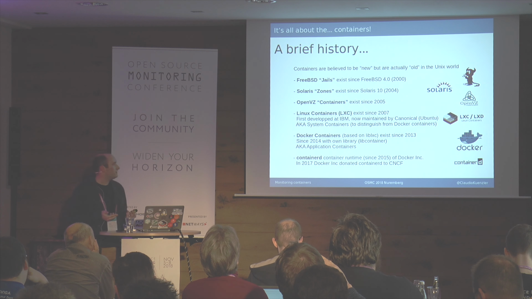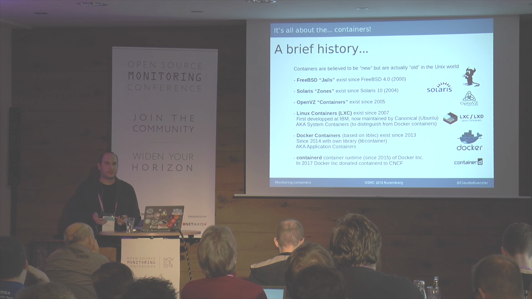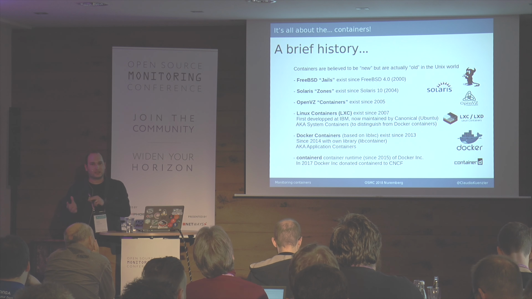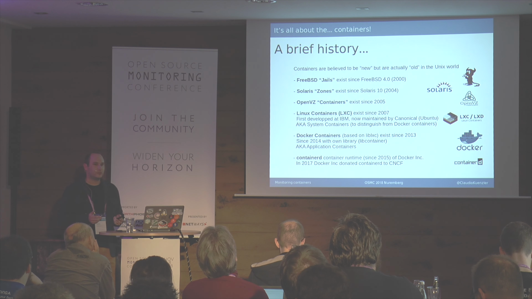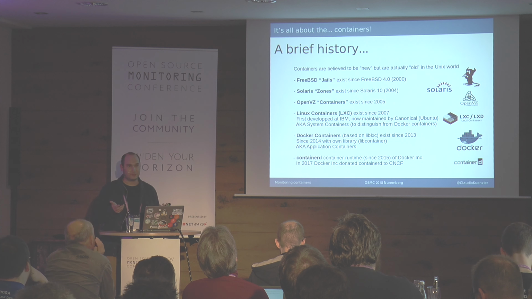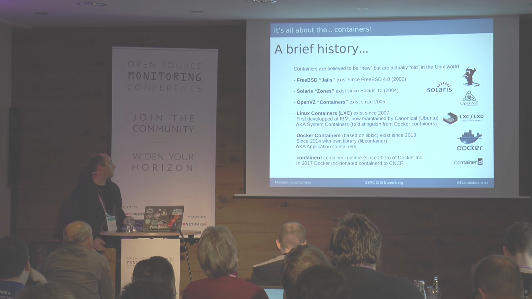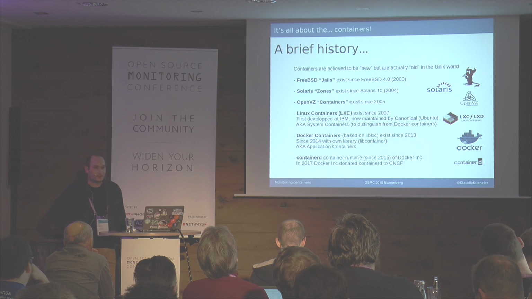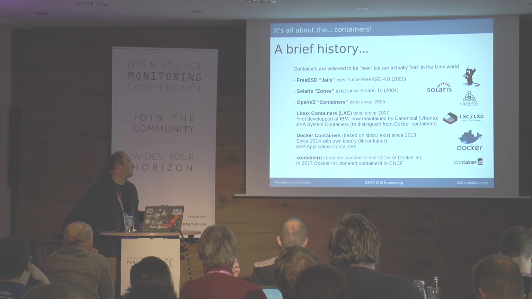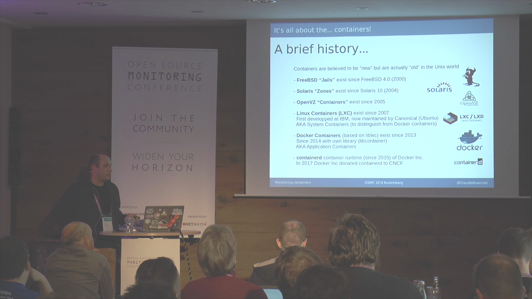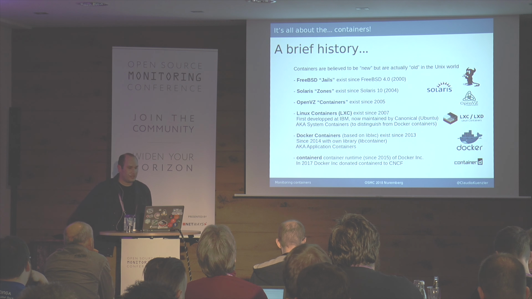System containers was primarily used to now distinguish between application containers and system containers, just because there was a little bit of misunderstanding. And Docker came shortly afterwards, actually, and first was based on LXC until they developed their own libcontainer and container engine.